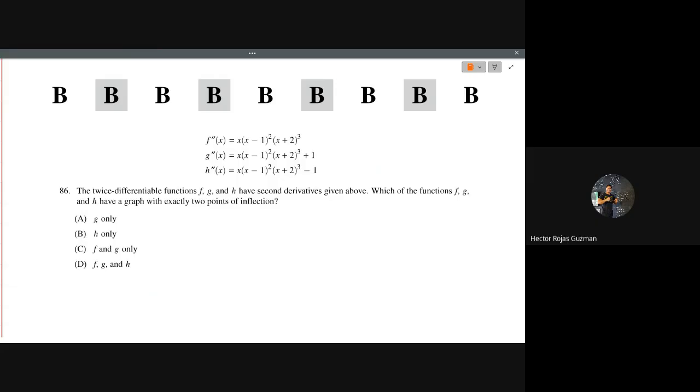F double prime of x, we can handle it without a calculator. So if I take f double prime of x and I make it equal to 0, that means x is equal to 0, x minus 1 squared is equal to 0, x plus 2 cubed is equal to 0, and you solve them.